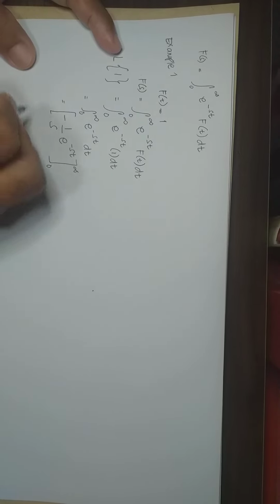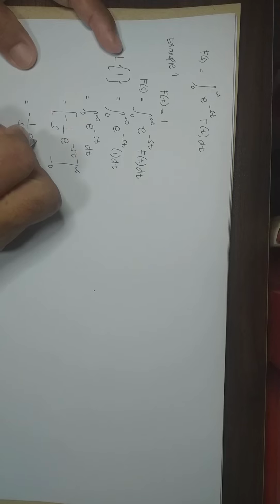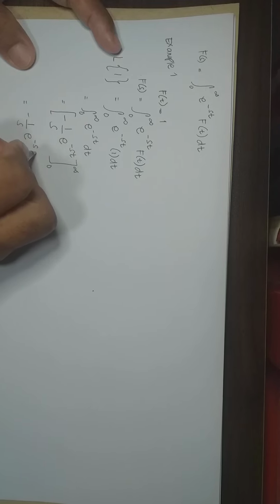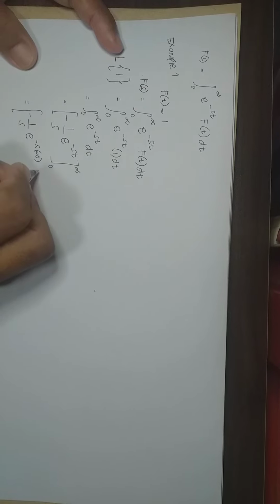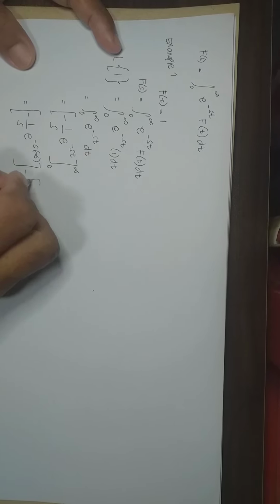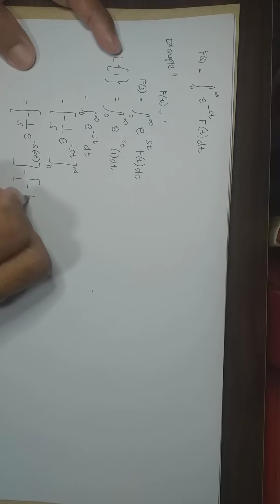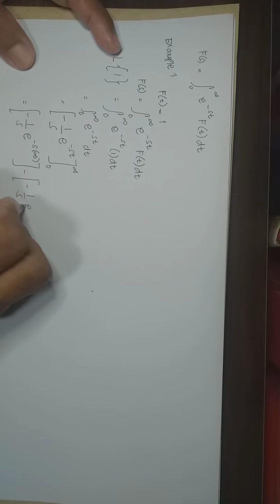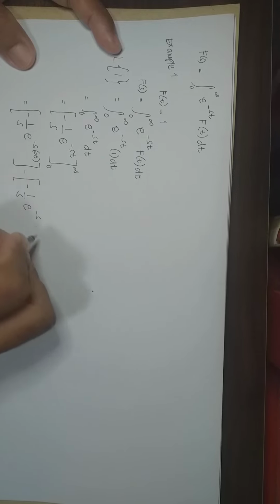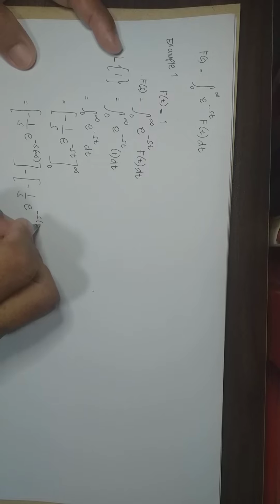Applying the limits, we have negative 1 over s of e to the negative s times infinity minus negative 1 over s e to the negative s times 0.